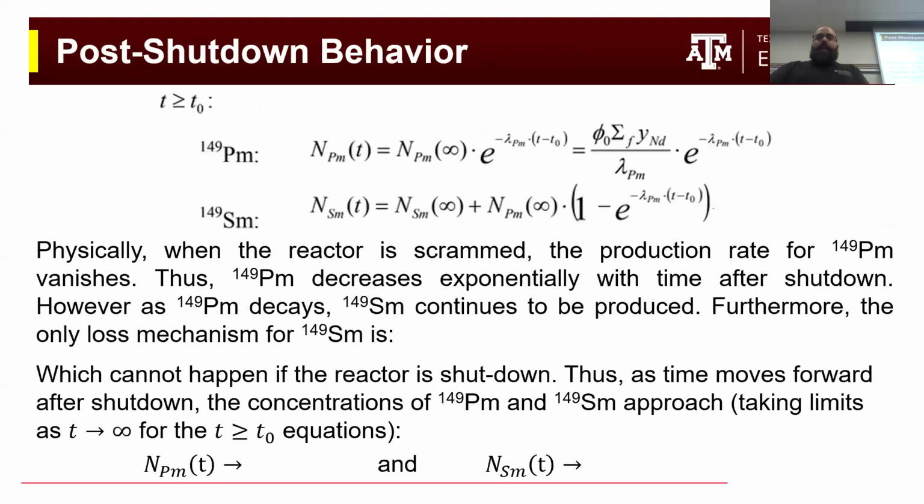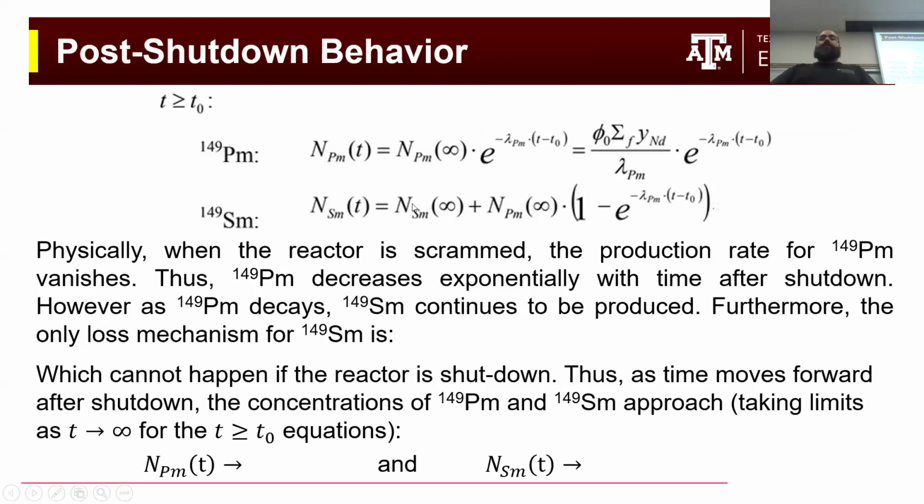And if we take a look at these equations, it makes sense that the promethium is just a decaying exponential, that this thing is just going to keep going away because its production was due to the flux, but the flux is now gone. So it has no gain term. It only has a loss term due to its self-decaying.